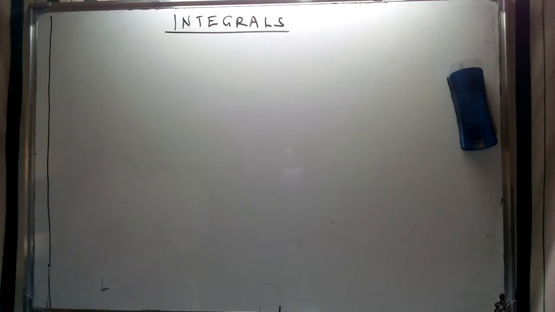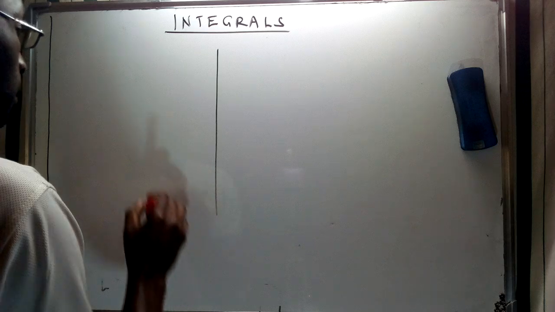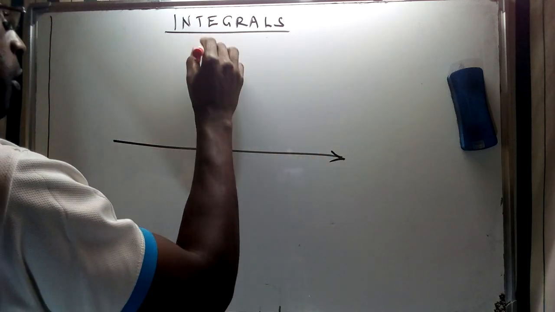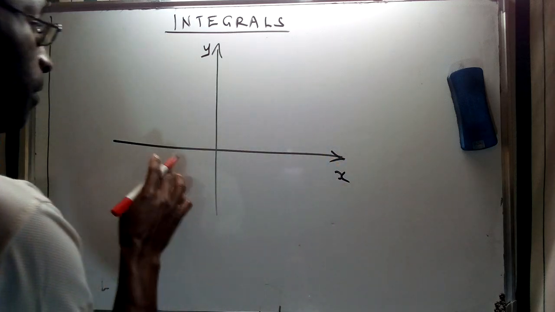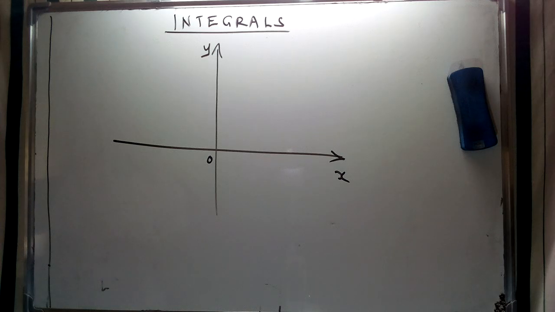Today we're going to look at one of the characteristics of integrals, and in this case I want us to be keen on the closed intervals that we're going to give for this specific illustration. So I'm going to have an example of this coordinate system with y and x, but I've intentionally extended the x-axis so that we can have an illustration from that.